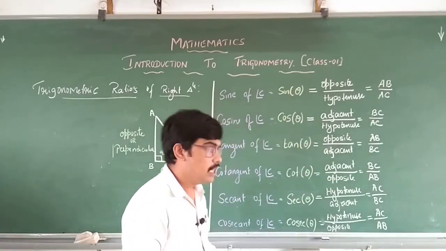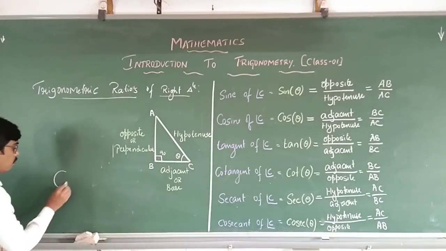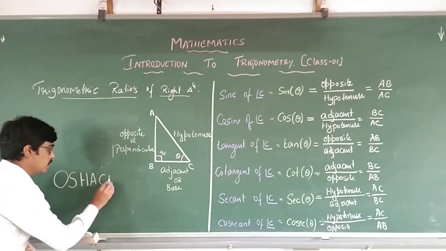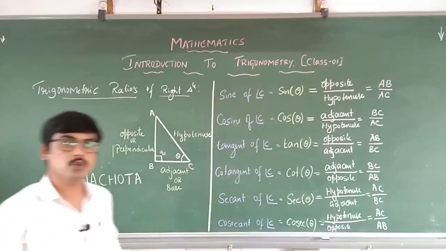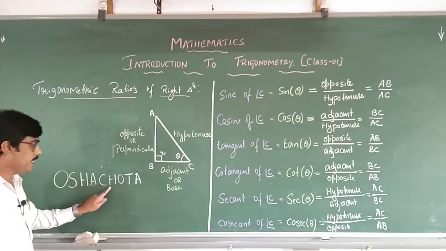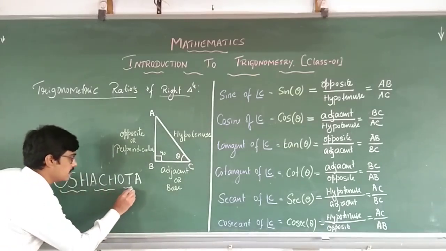What is that word? The word is OSHACHOTA. Make this into groups, 3 letters in a group.